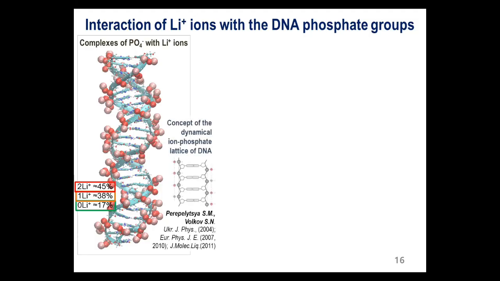And in fact, I just would like to say that this system of DNA with lithium ions appears as the closest to our concept of the DNA ion phosphate lattice, where we presented DNA designs as an ionic lattice.